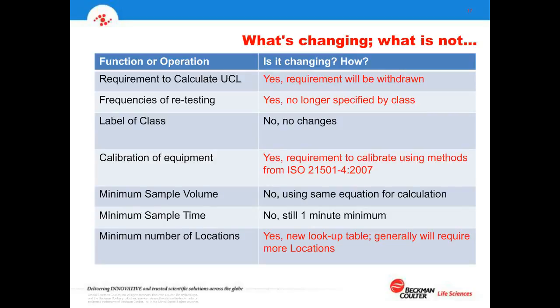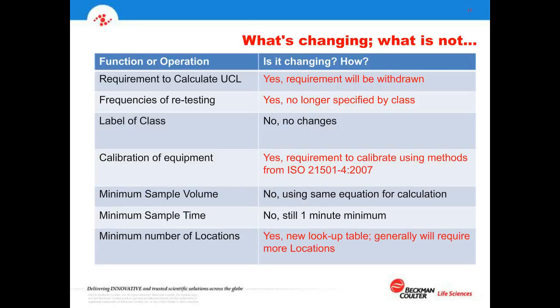The labeling of the class, no, that didn't change. We still have ISO 1 through ISO 9. Calibration of equipment, there's a slight difference. Always there was a need to calibrate equipment. That was stated in 1999 version. Now it points to a specific method known as ISO 21501-4. The basic statistical side of things and the sample volume and time didn't change.